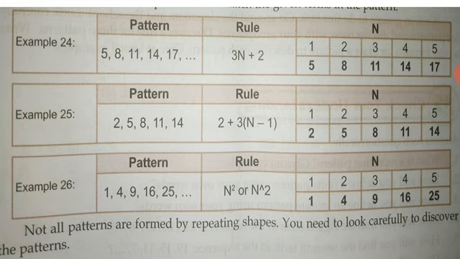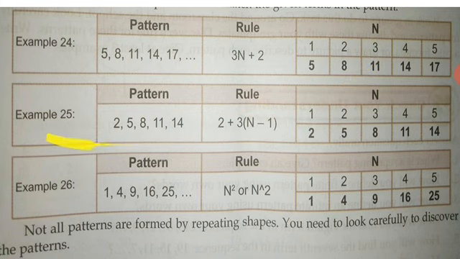So if we're going to write it in a formula, 3n plus 2 is equal to the term. For example, I want to look at the third term. So n would be 3. 3 times 3 is 9 plus 2, 11. So the third term is 11.